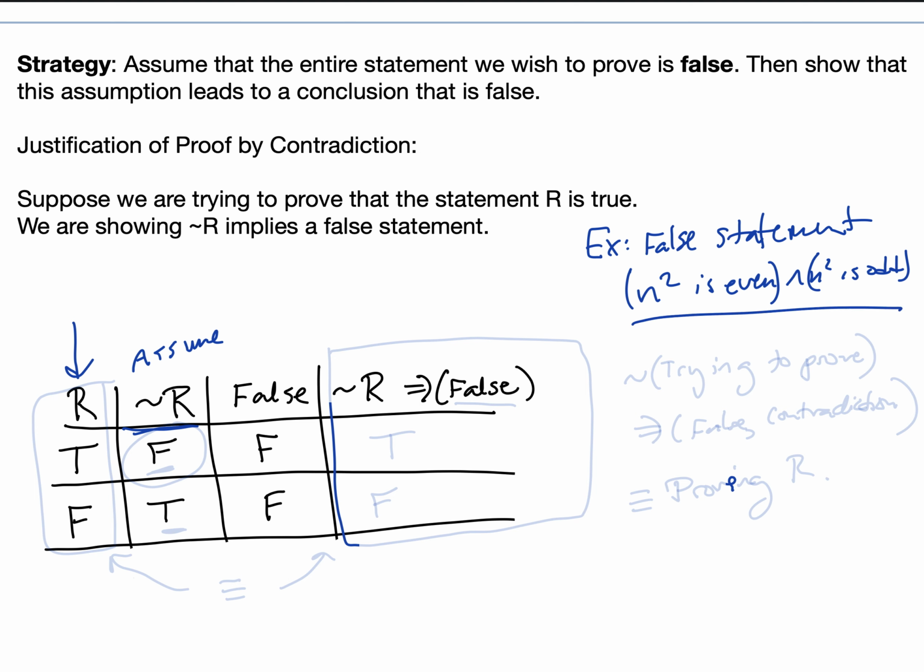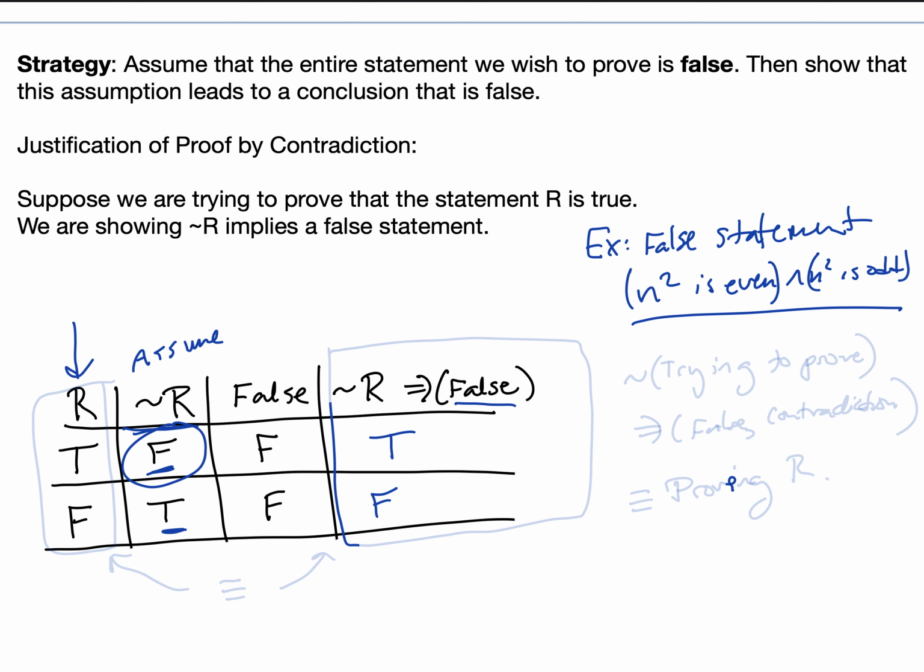Remember that when a false statement implies anything, if the original statement is false, we actually don't have to look any further. Every elephant in this room is pink, whatever. Whereas if we have a true statement implying something that is not true, that would be false. So this is our little mini truth table for not R implies some statement that is always false.